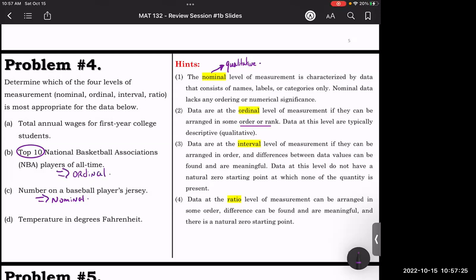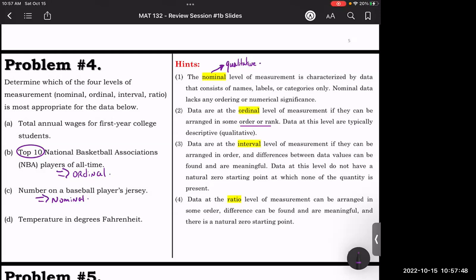All right. So now let's look at the interval and then the ratio levels. Data are at the interval level of measurement if they can be arranged in some order, right? You could put some sort of ordering onto your values, and differences between the values can be found and are meaningful.